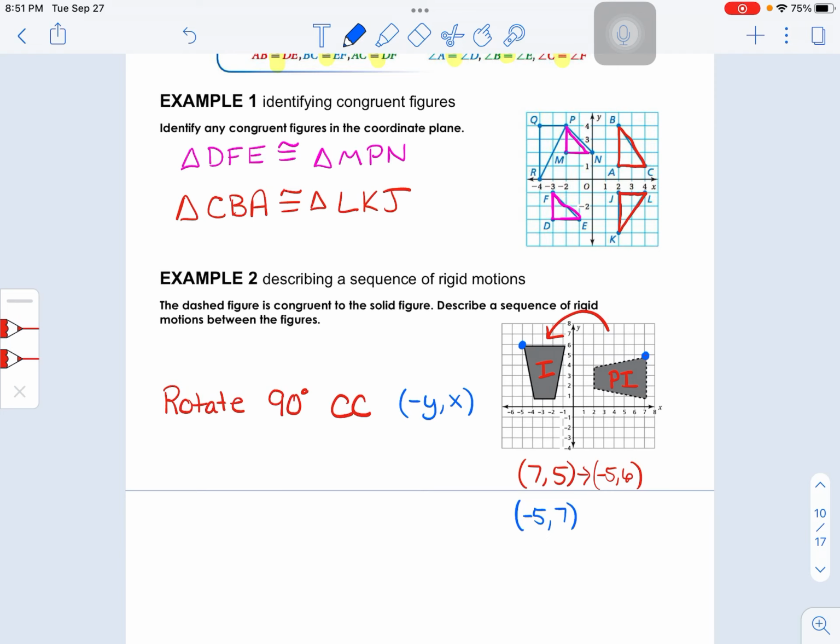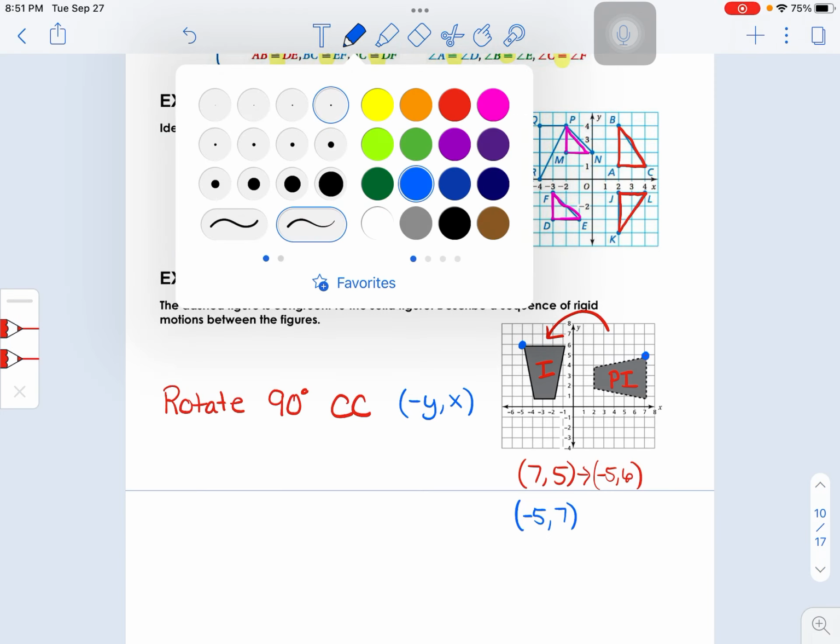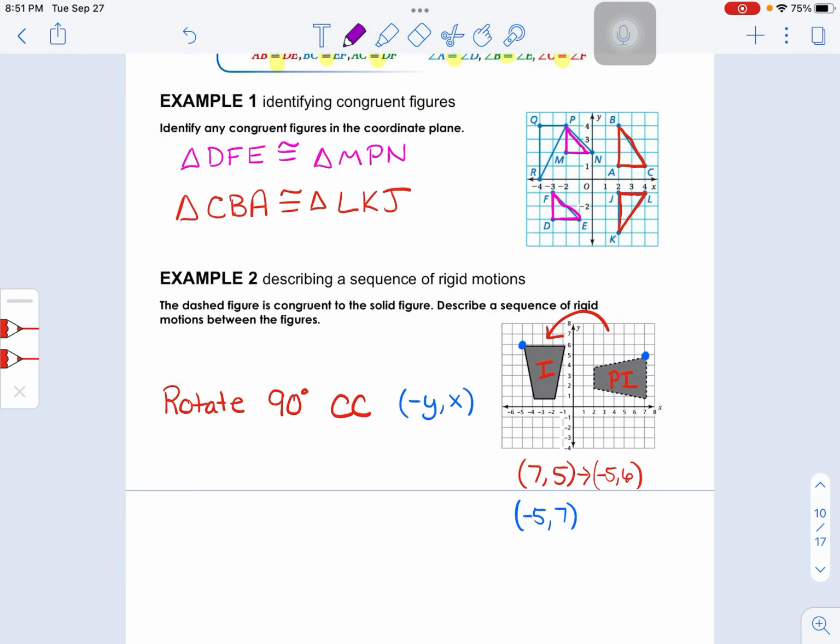Okay, and remember my goal is negative 5, 6. So what that tells me is my next step, I need to translate 1 down. Right, so here I'm going to keep my x the same, and I'm going to subtract 1 from y. Right, that would put me at negative 5, 6, which was my goal.